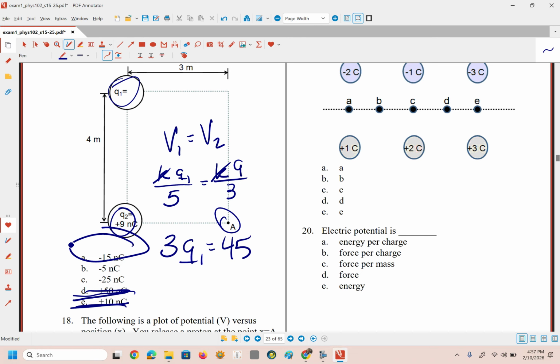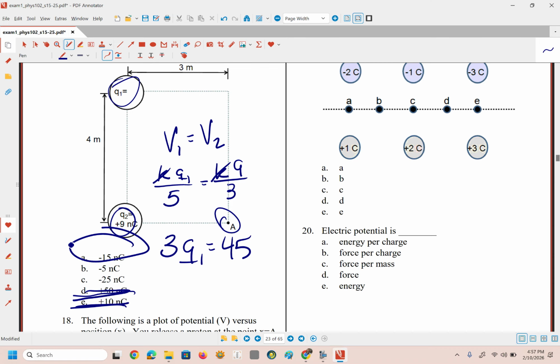All right, what else, y'all? Why are you using 3 if it's for point A? Oh, because the distance from here to here is 3 meters. The distance to the 9 nanocoulomb charge in this direction is 3 meters. Okay?